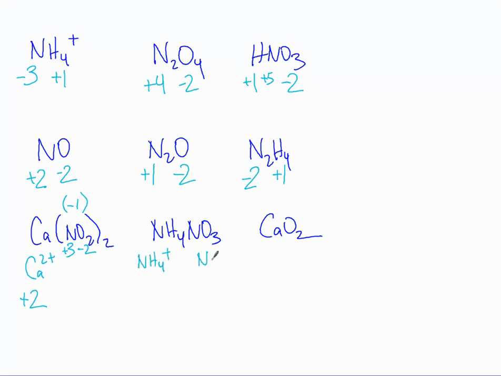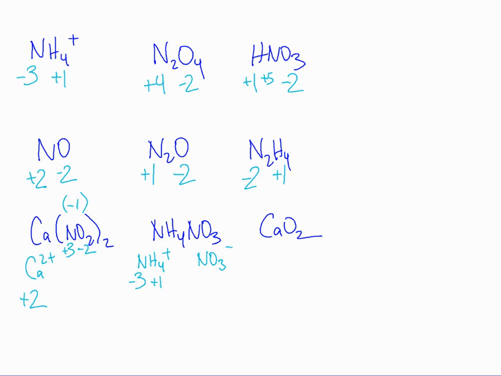For this one, we are looking at our 2 ions individually. So we have here +1 for hydrogens. That makes all of this +4. To make it +1, we just need a -3. This other nitrogen is probably going to have a different oxidation number.